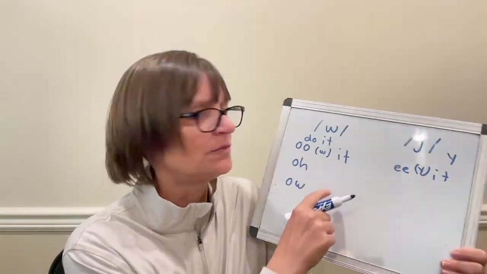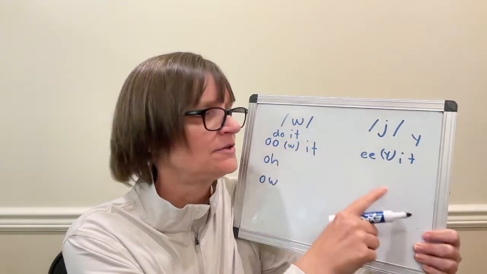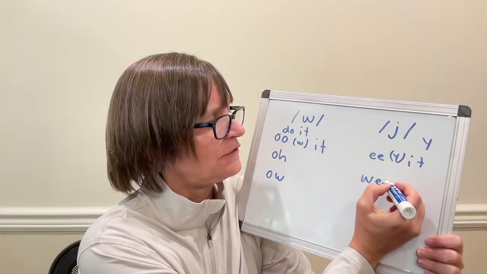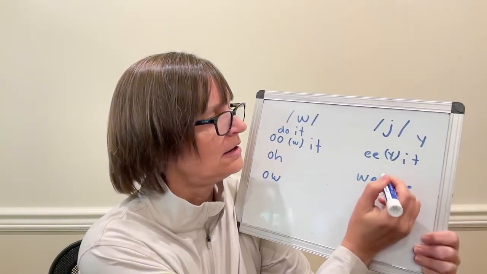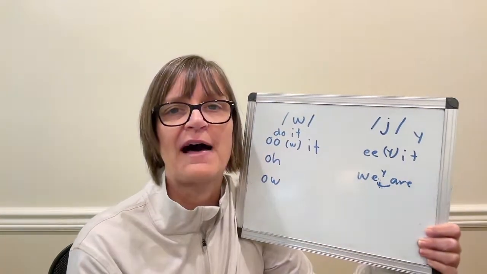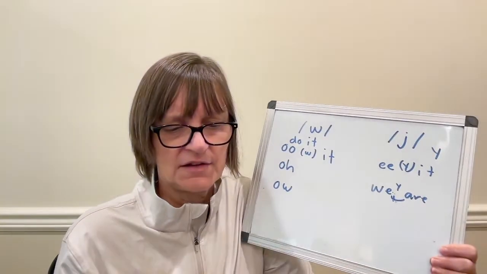So no, when you're doing a vowel to vowel linking that has a W sound, you don't need the Y sound, unless you mean like if you're using the letter W, like we are, there you're going to have the Y sound connecting the E, but it's about the vowel and not the consonant sound. Hopefully that clarifies your question.